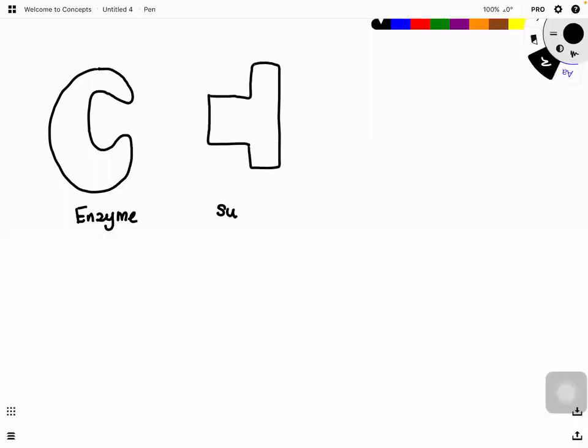So this is a substrate. And now you check. So the shape of the substrate is not exactly complementary. It's not exactly complementary. But when the substrate approaches the enzyme, it will induce the enzyme actually, okay, to become more complementary. So in this case, how do you explain?